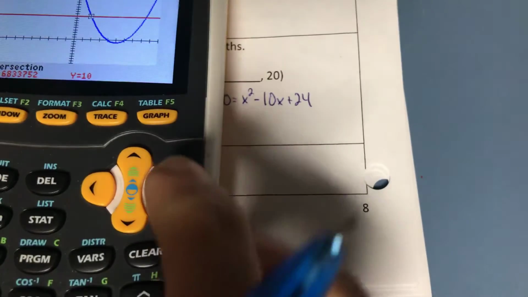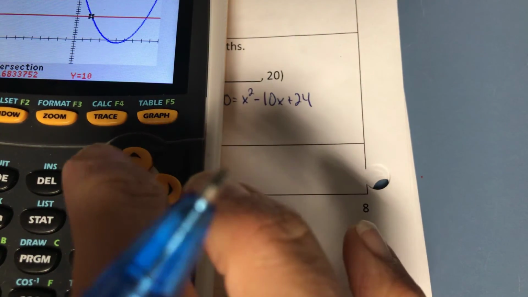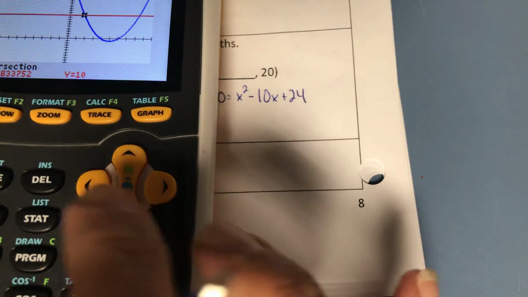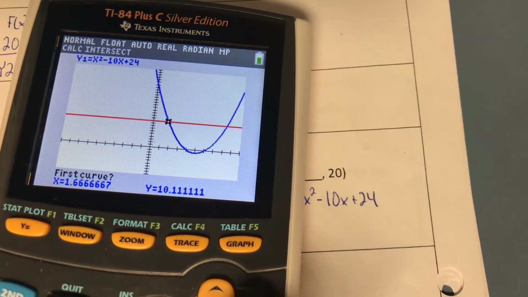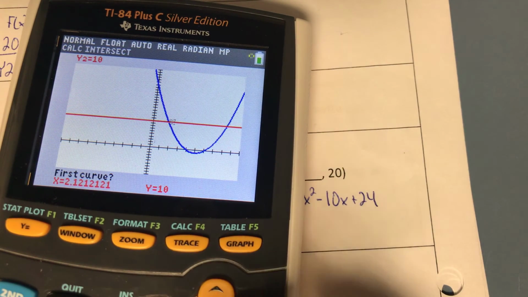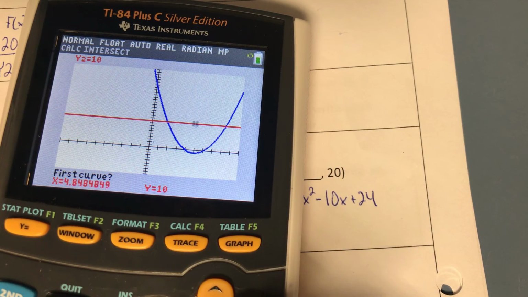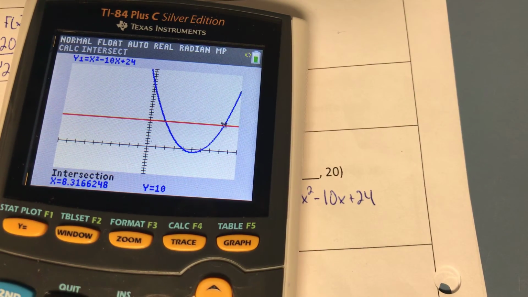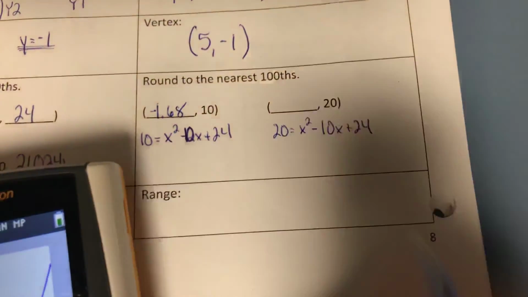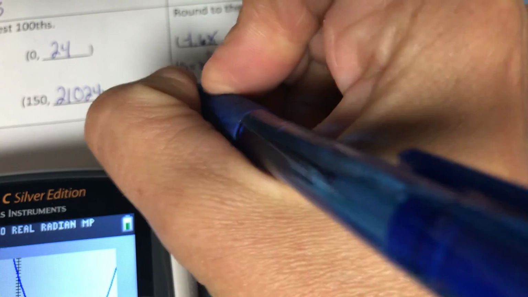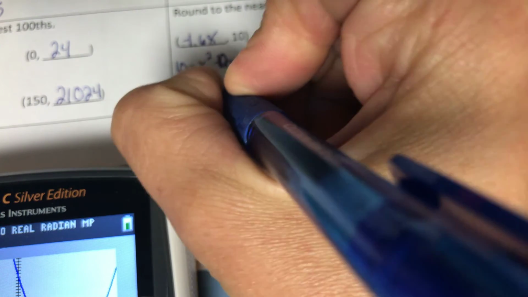And then I'll do the other one, second trace, because there are actually 2 of them. Choose intersect. I'm going to move over to this one and hit enter 3 times. So this one is 8.32. So I'll just put it right here, 8.32 with 10.